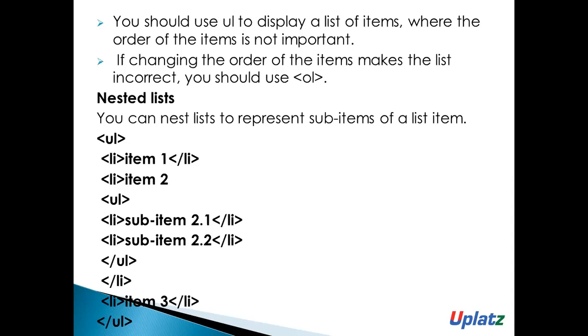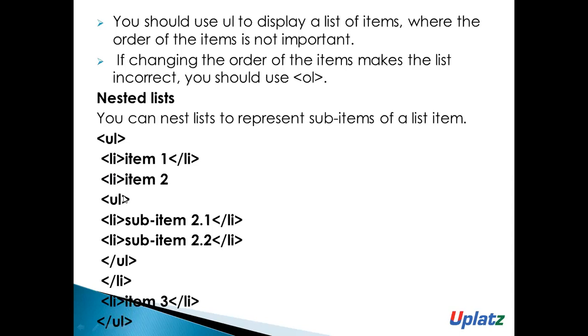So if changing the order of a list makes the list incorrect, you can use the OL tag, which is nothing but an ordered list. So next is nested list. You can create a nested list to represent the sub items of your list. First of all, I have created an unordered list, li, and then I'm using another unordered list inside. I'm closing this unordered list, and closing the li tag.